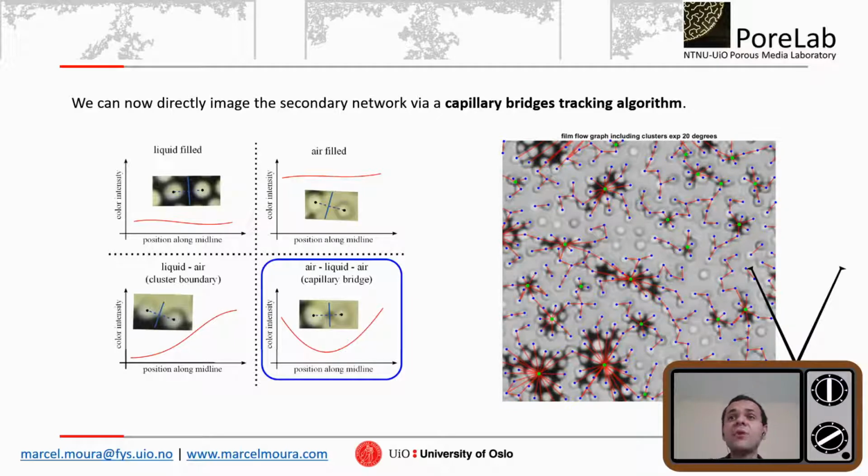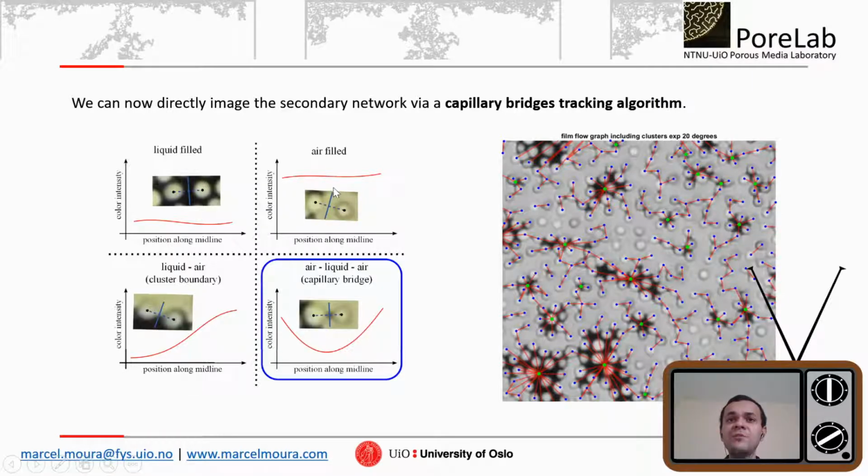So another thing is that we can now track this capillary bridge network, this secondary network. So we have devised a machine learning algorithm to do that, and we're basically trying to track one pattern of color intensity along a line perpendicular to the bridge like this. So we get to the beads.